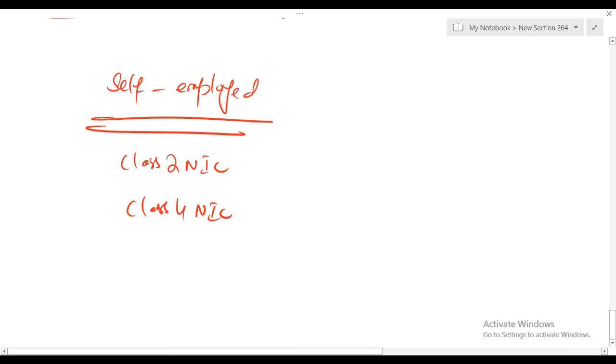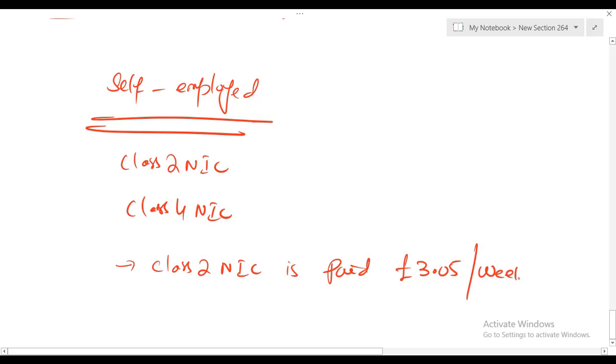How do we pay class 2 and class 4 NICs? Again, very easy. Class 2 NIC is paid at 3.05 per week.